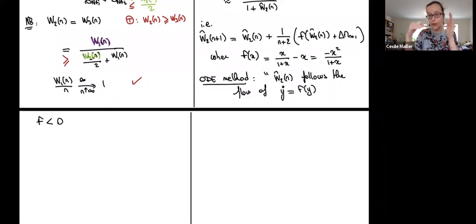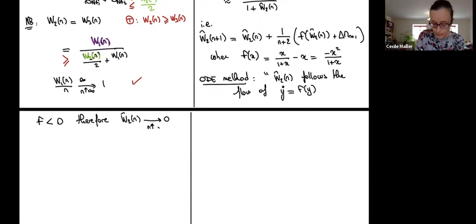So somehow, if you follow the flow of this equation, then you have to go to 0. Therefore, W hat 2 of n goes to 0, which is exactly what we wanted to prove, because W hat 2 is just W2 divided by n.